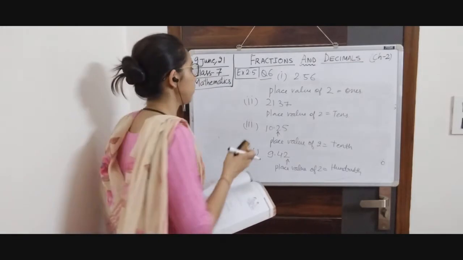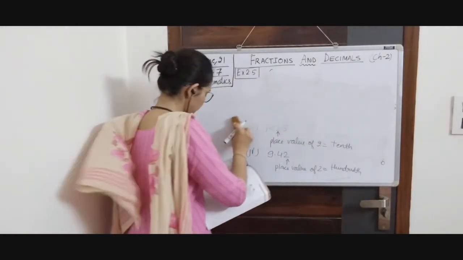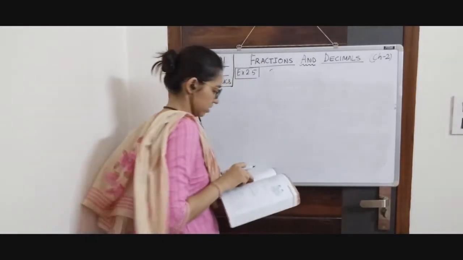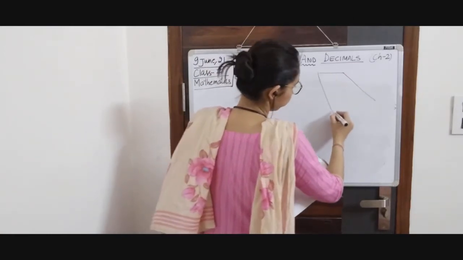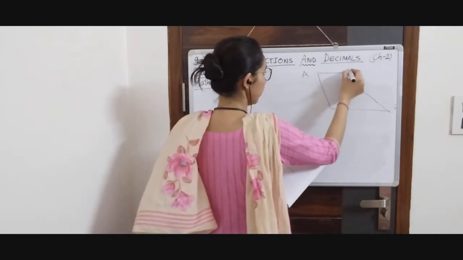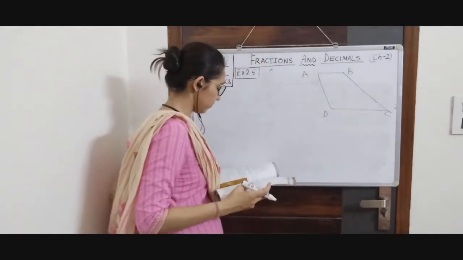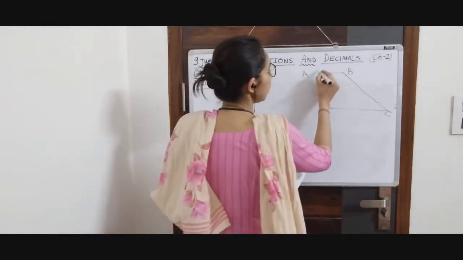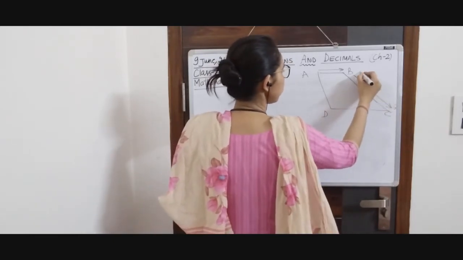Next is question number 7. Question number 7 says that Dinesh went from place A to B. This is your place A, this is B, this is D and C. Dinesh moved from A to B and then moved here.